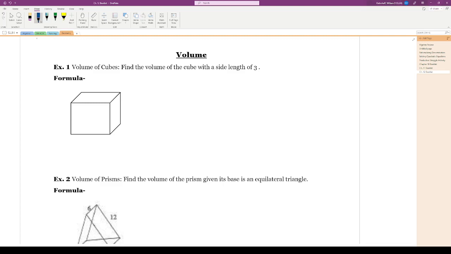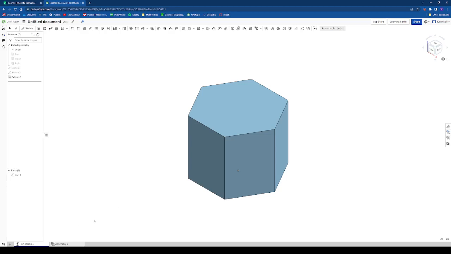So let me actually bring up a visual real quick because I think it'll help us to visualize this. Okay, so I just went and sketched up in Onshape real quick a prism that has a regular hexagon as its base. And what I wanted to do was look at making a cross section.